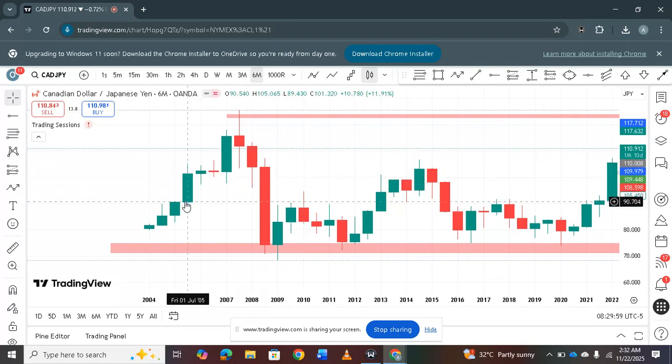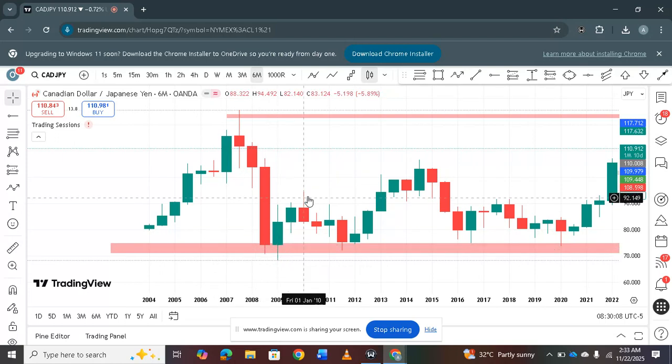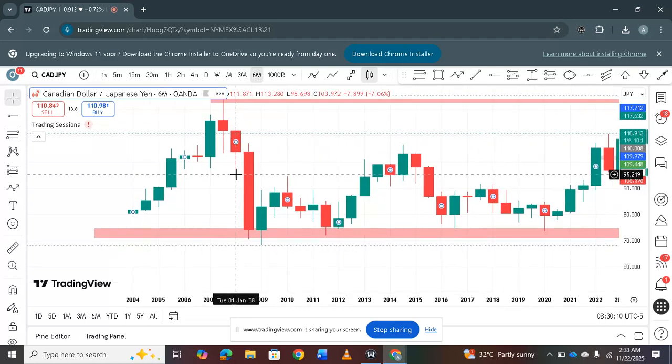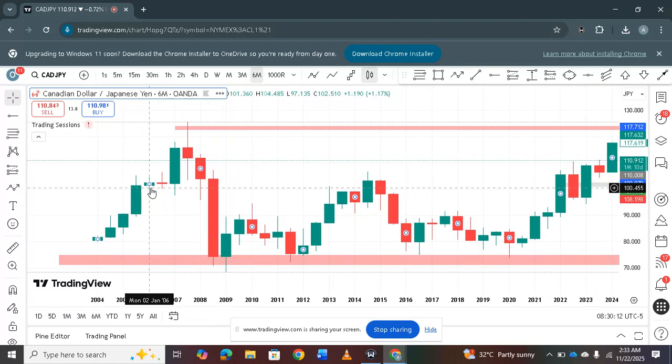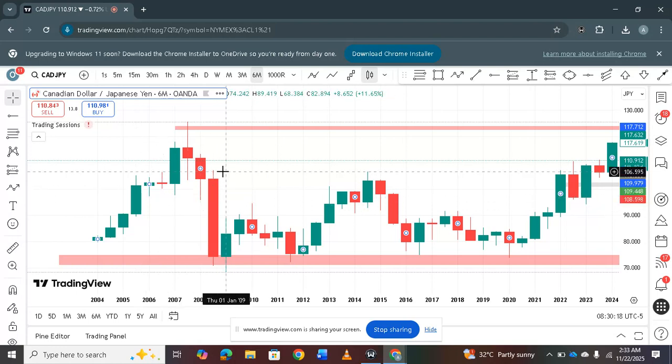So if you go on the 6 month time frame based on market structure, we have this high, a change of market structure, which was the origin because we have this high, this low, this high. Market has a shift here, pullback and a lower low.